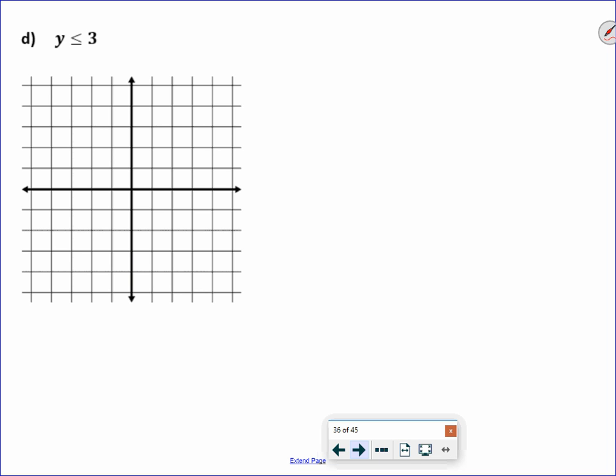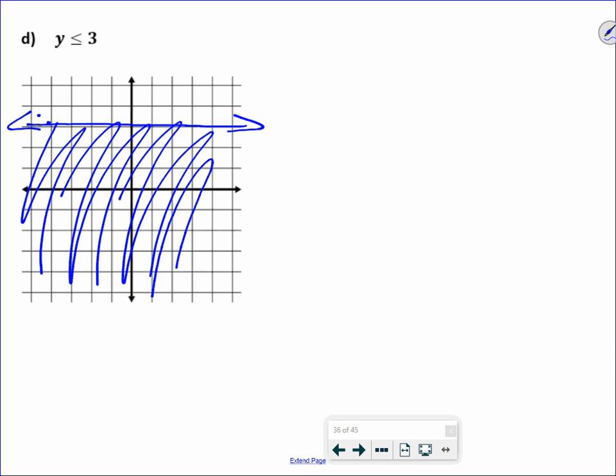All right, y is greater than or equal to 3. So there's y is equal to 3. Oh, sorry, this is y is less than or equal to 3. So y is less than, so we shade down.